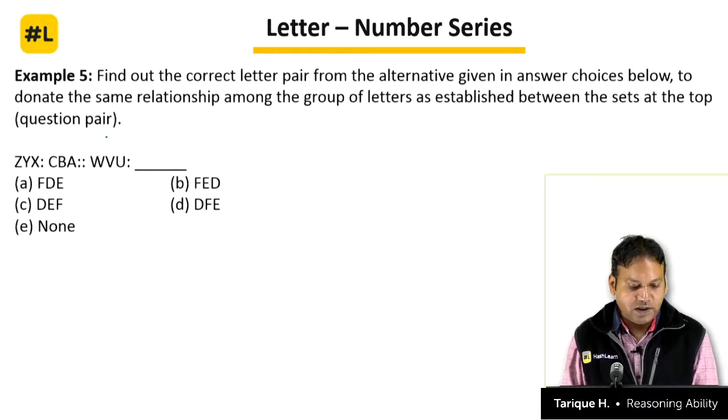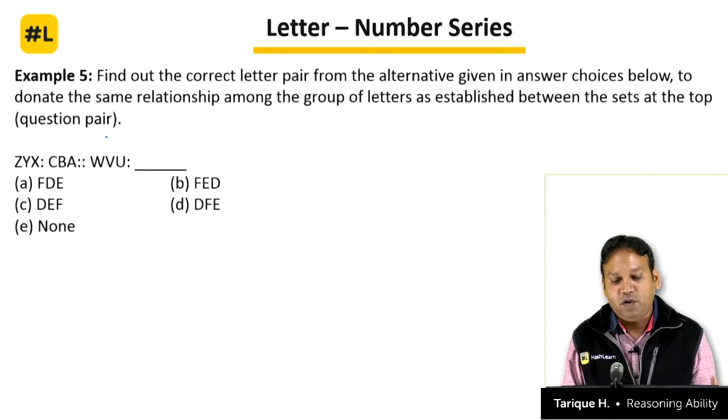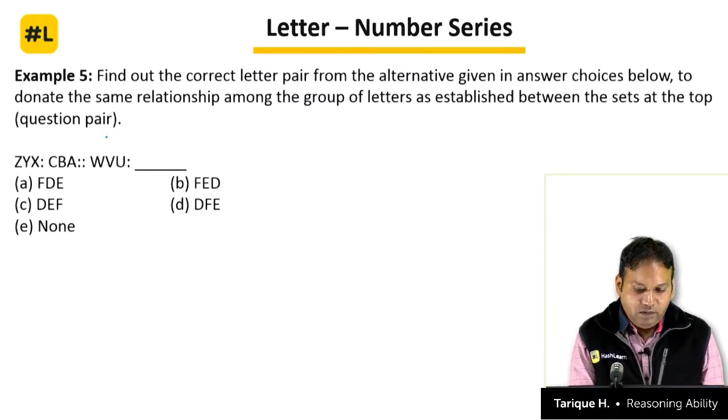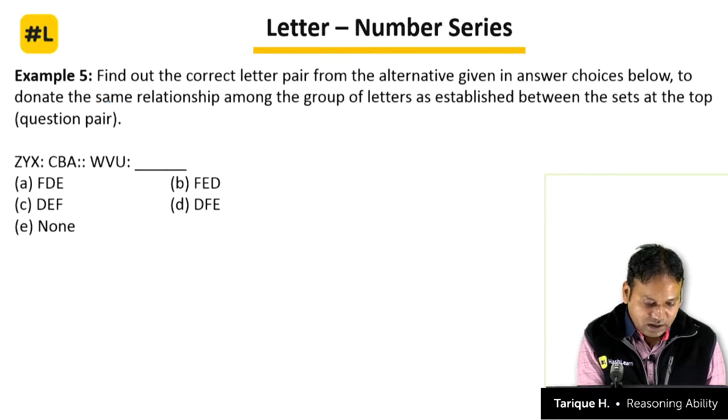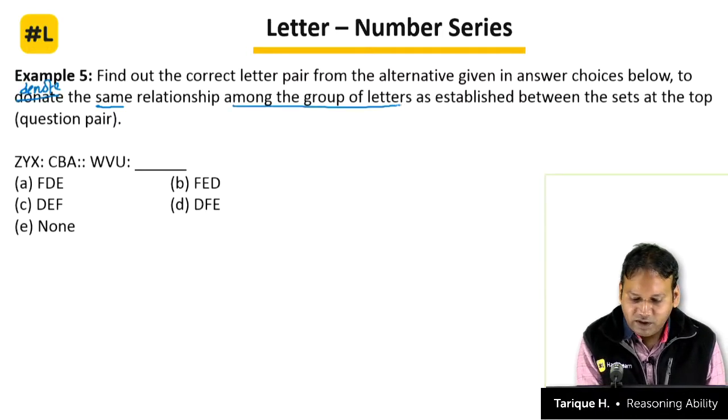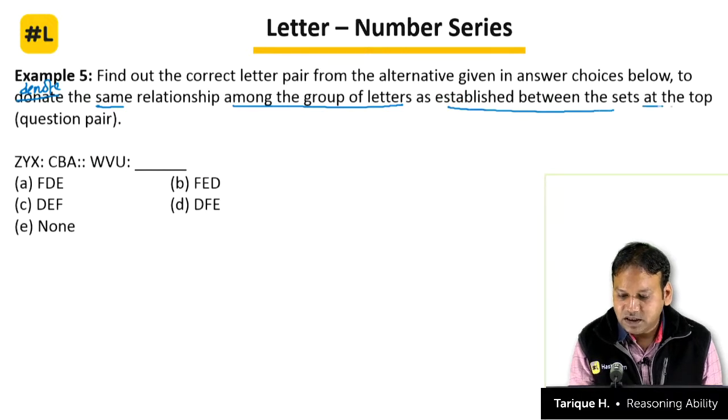Let's go to the next question here. Find out the correct letter pair from the alternatives given in the answer choices below, which denote the same relationship among the group of letters as established between the sets at the top.